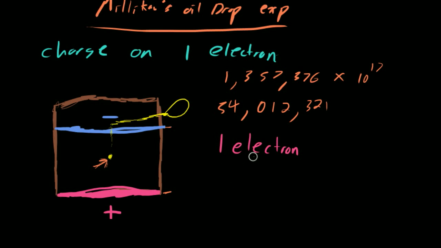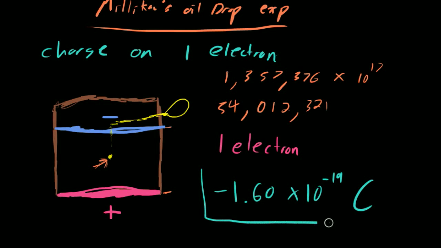But the final thing I want to say is that the charge that Millikan always found his measurements to be a multiple of was minus 1.60 times 10 to the minus 19 coulombs.